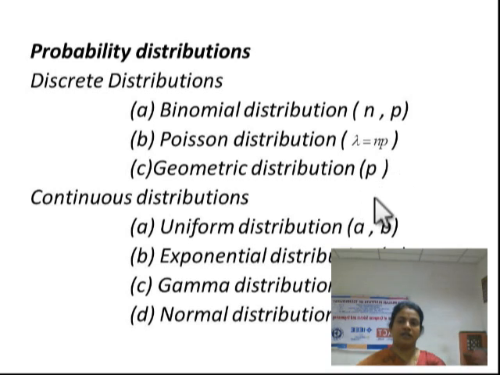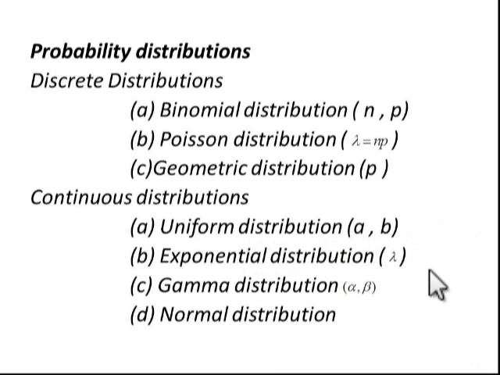In the continuous random variable, the following distributions are here. The uniform distribution has two parameters, a and b, the lower limit and the upper limit. The exponential distribution has the parameter lambda, and the gamma distribution has alpha and beta. Along with these three, we will discuss the normal distribution also.